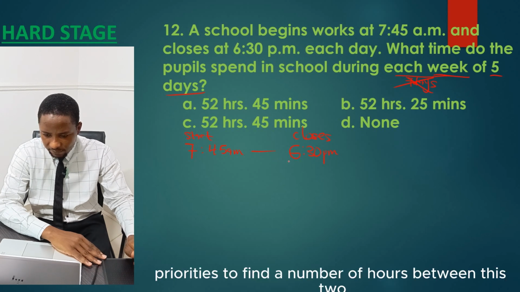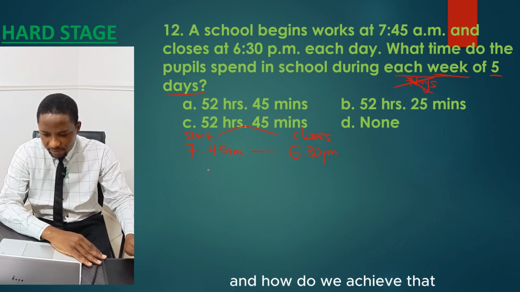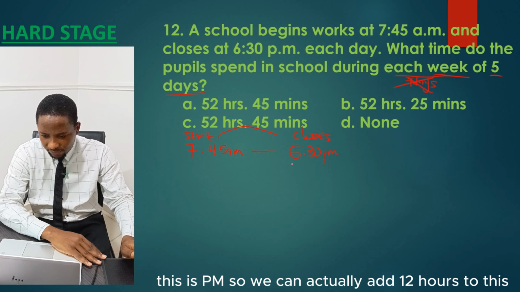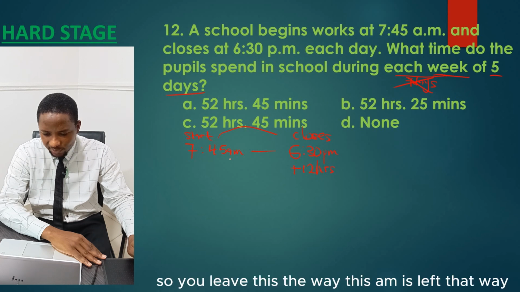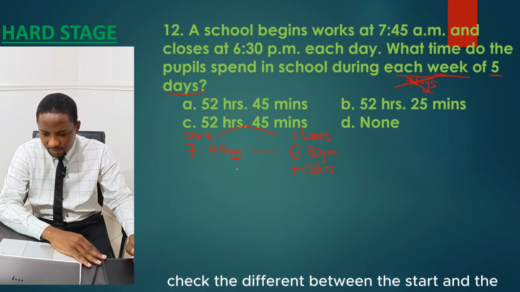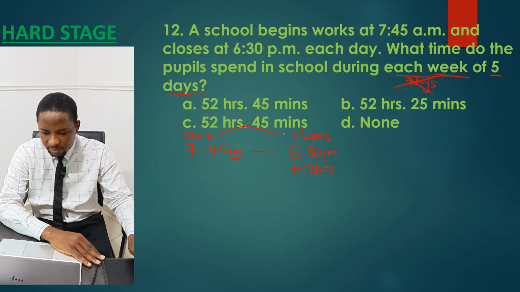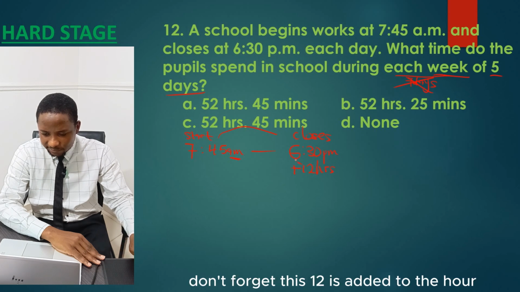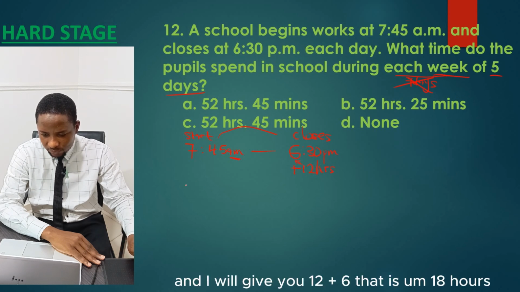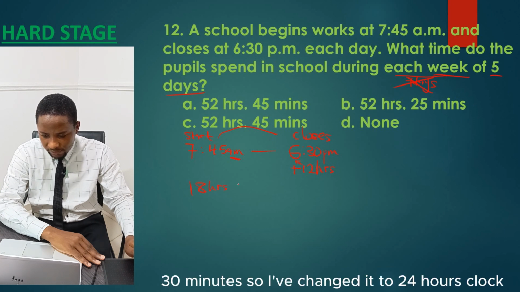So priority is to find the number of hours between those two. And how do we achieve that? This is PM, so we can actually add 12 to this, 12 hours. So if I add 12 hours, this is AM, so you leave this the way it is. AM is left that way. So you check the difference between the start and the time they close. So if you add 12, don't forget this 12 is added to the hour, and that will give you 12 plus 6, that is 18 hours 30 minutes.